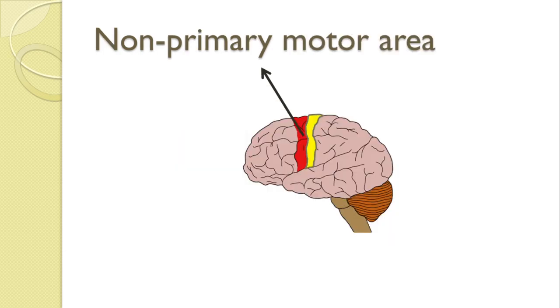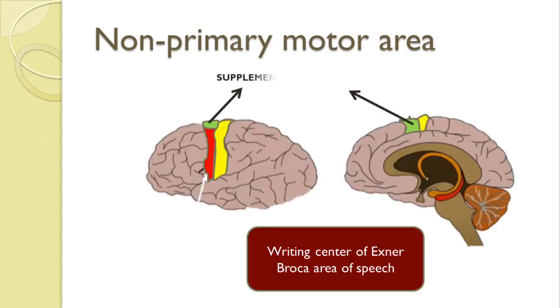Next is the non-primary motor cortex. It is located anterior to the primary motor cortex. The non-primary motor cortex is subdivided into supplementary motor cortex and premotor cortex.